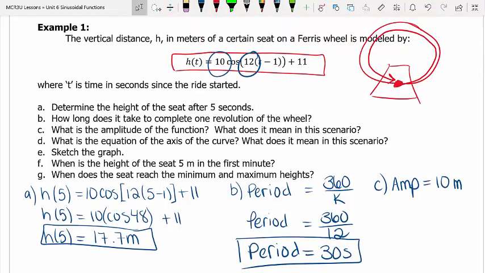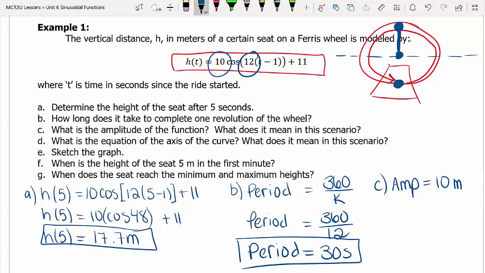To figure that out, I want you to picture this. Here's the axle that the Ferris wheel is spinning around. It's kind of the midway point. So that can be thought of as your q value. Knowing that the maximum point that a seat is going to reach would be up here, and the minimum point that a seat is going to reach is down here, wouldn't the amplitude then be the distance between one of those max or min points and the axle in between?